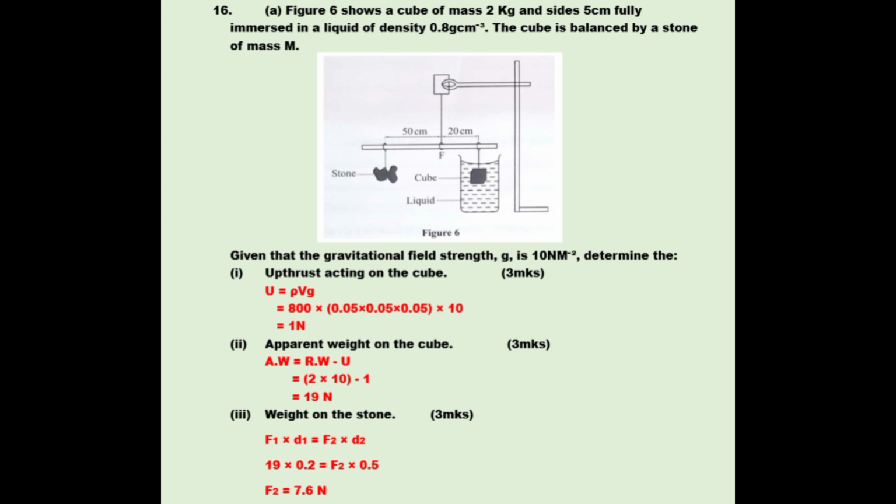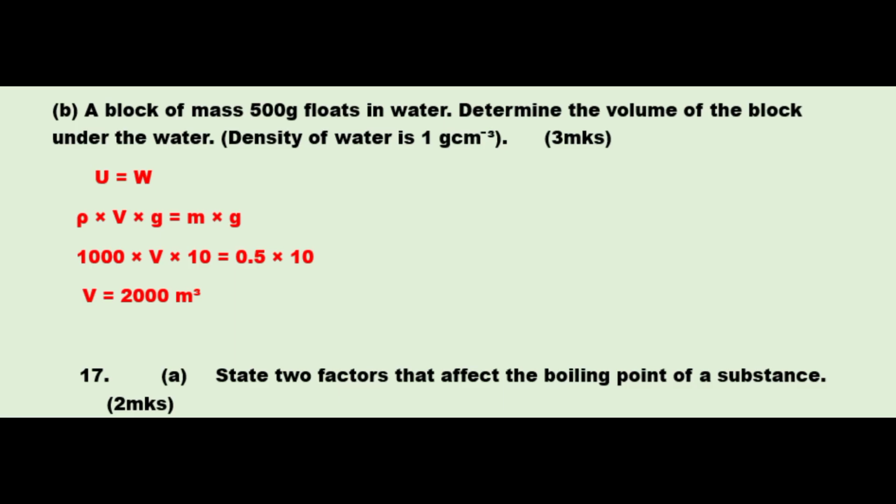Let's go now to part B. A block of mass 500 gram floats in water. Determine the volume of the block under the water. You are also given density of water is 1 gram per cubic centimeter. This is the law of flotation. We know a floating object displaces its own weight.